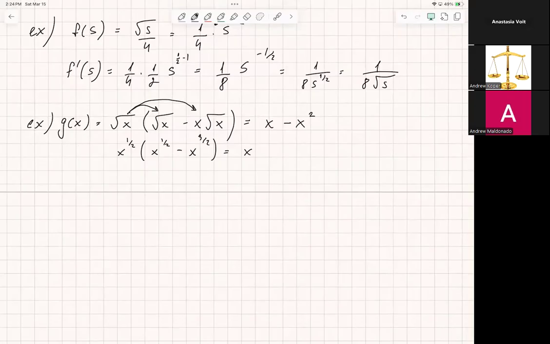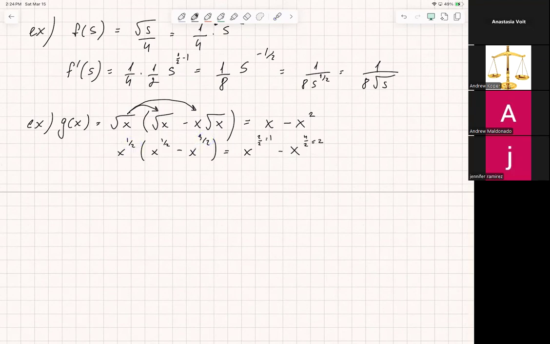When we multiply these together, we just add the exponents. So we have 1 over 2 plus 1 over 2, which is just 1, or 2 over 2, which is 1. Okay, and then minus x, and now we just add 1 over 2 plus 3 over 2, which is 4 over 2, which is going to be just 2. So this is how we get our x to the first power minus x squared.